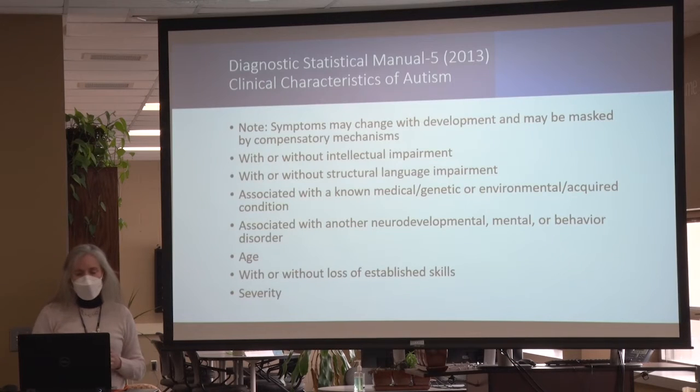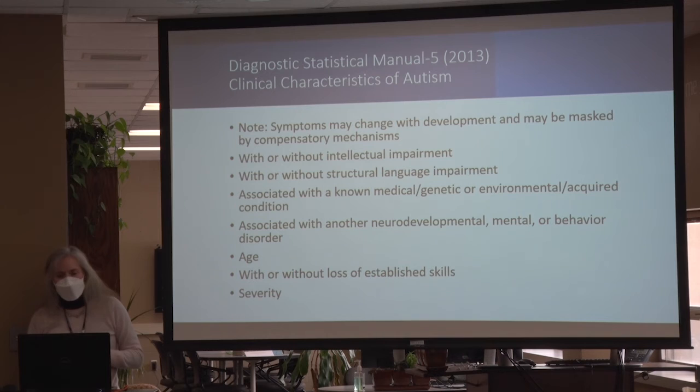So we look a little bit further into some of the characteristics, and we can see some additional circumstances. Maybe as a child develops, you might see some of those masked behaviors. You might see degrees of intellectual development or intellectual impairment. Maybe you won't. Same thing with language. Language may be fully developed.